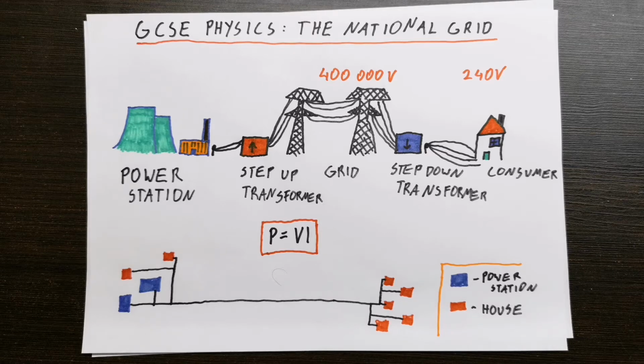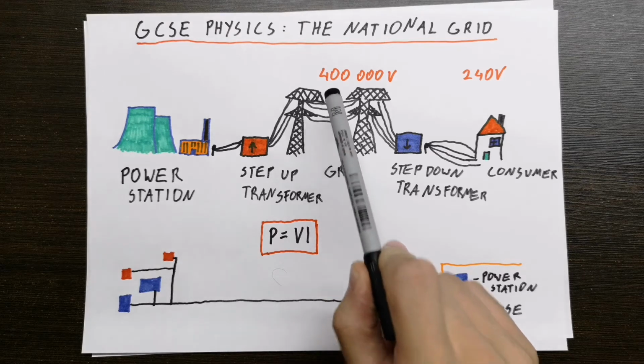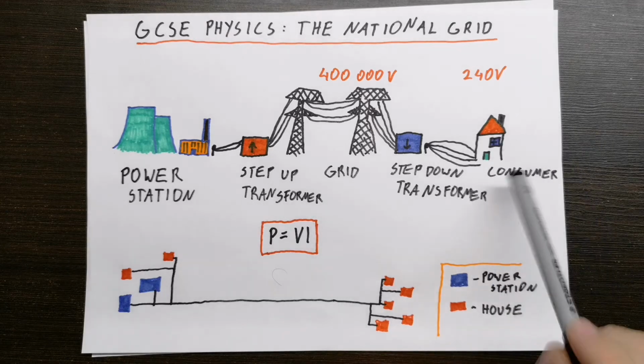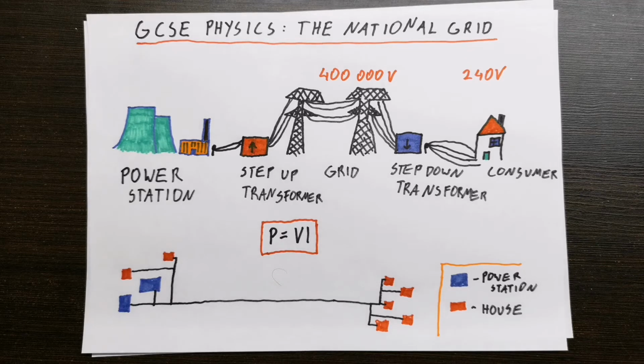But in the UK, we are getting it down from 400,000 volts to 240 volts by the time we reach the consumer, and that allows much safer use of that power. It's much safer, and obviously electric appliances can handle that power. So that's why we use the step-up transformer, and that's why we use the step-down transformer. So that's essentially how the National Grid works.